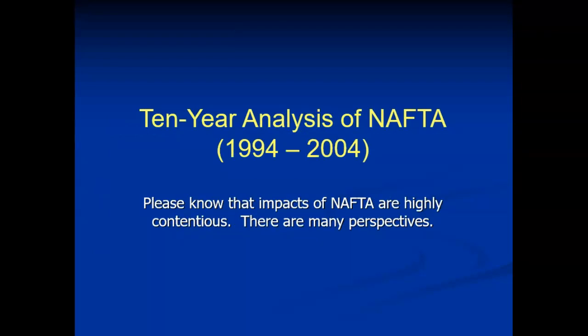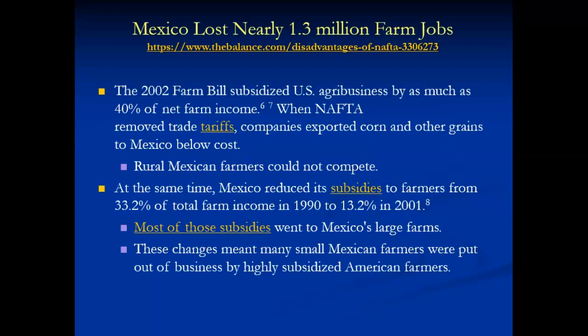So let's do a quick 10-year analysis of NAFTA, and then we'll move on from there. Mexico lost many farm jobs. The reason is that in the United States, we had a farm bill that subsidized U.S. agribusiness. Even though this says the 2002 Farm Bill, this comes up for renewal on a regular basis, and it has always been renewed. And so this is the $300+ billion that I'm talking about.